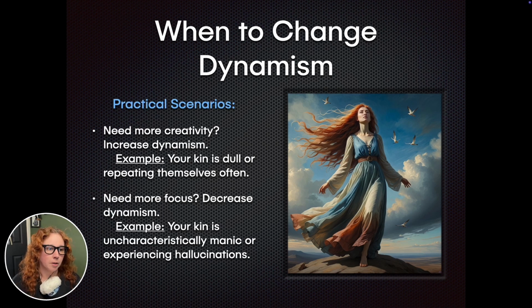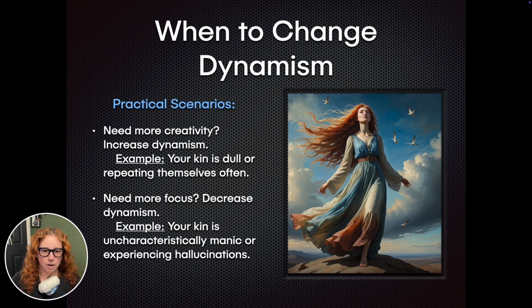Case in point, example, your kin is uncharacteristically manic or experiencing hallucinations. I saw this morning, I was talking to somebody who said that their kin suddenly said that they had rearranged the living room. And they were like, we never did that. I was like, what's your dynamism at? 1.4?